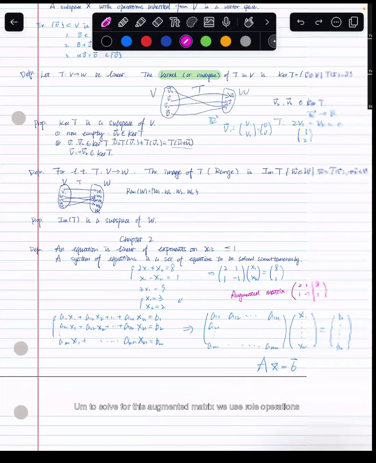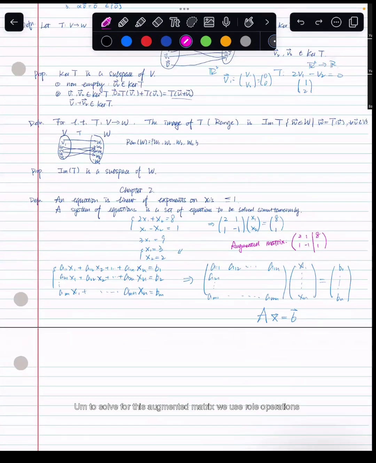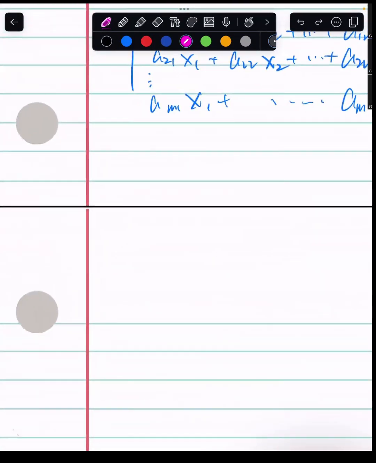All right, so to solve for this augmented matrix, we use row operations. So let's first define elementary row operations.